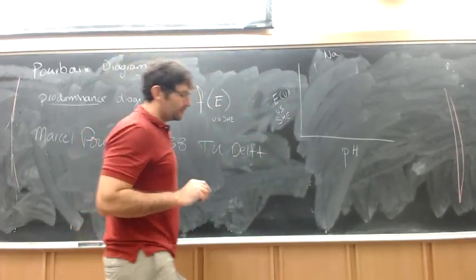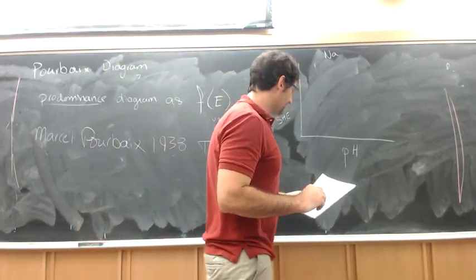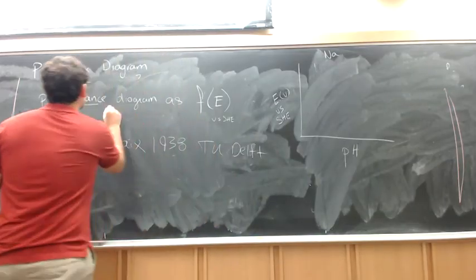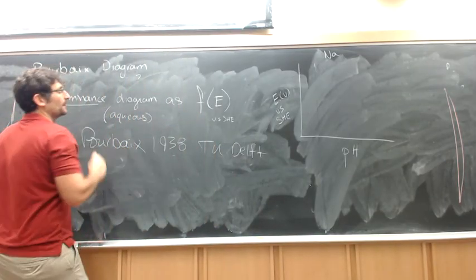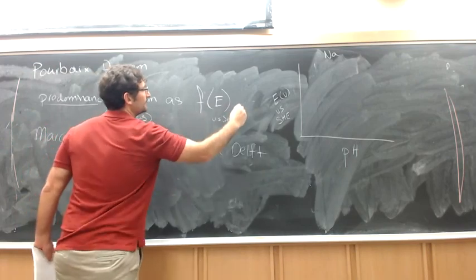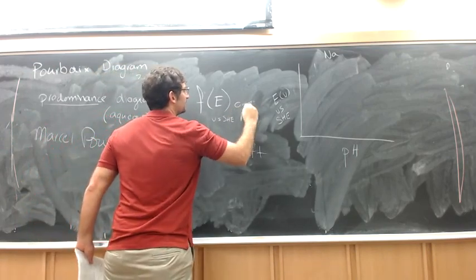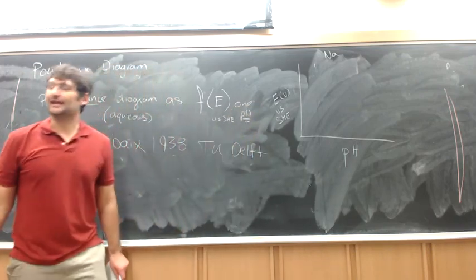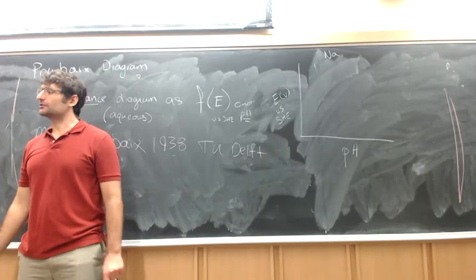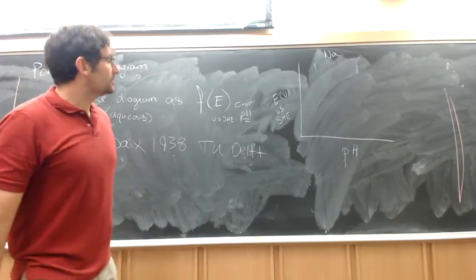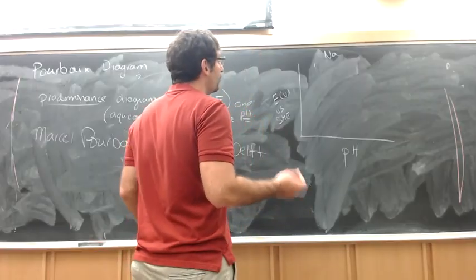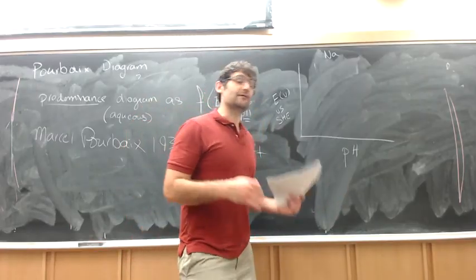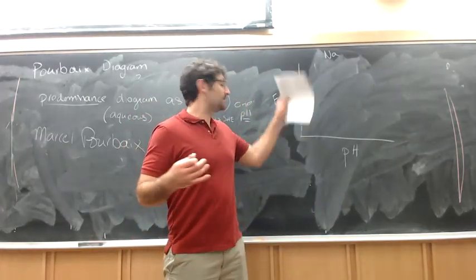The first thing I always want to know on a Pourbaix diagram, these are for aqueous solutions, by the way, which is related to the fact that we're looking as a function of pH. You have pH in non-aqueous solution, but it's a little bit more challenging to define. So we want to know what does water do as a function of pH and potential.